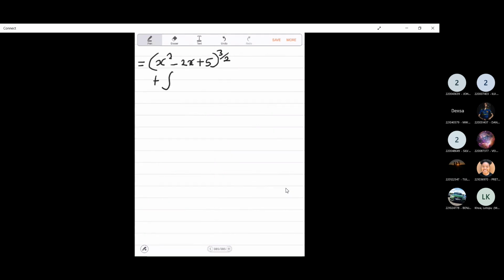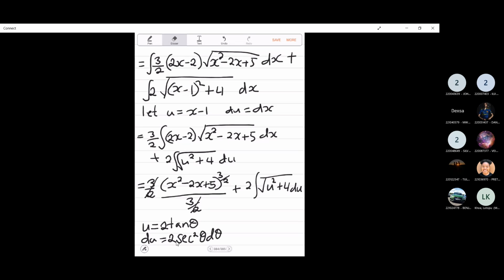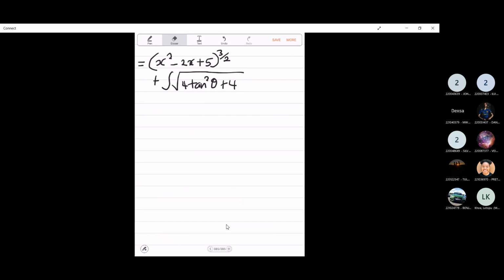Plus the integral of 4 tan squared theta plus 4 d theta, okay, not just d theta. Then dx or du here is 2 sec squared theta d theta. So times 2 sec squared theta d theta. Okay, so there's a lot of writing. Minus 2x plus 5, 3 over 2.